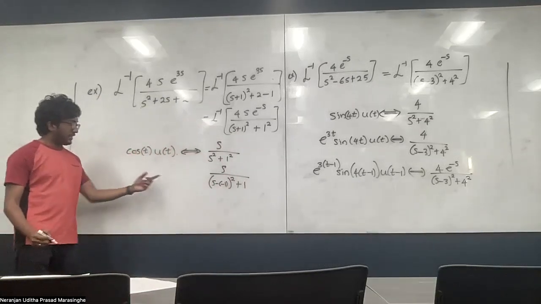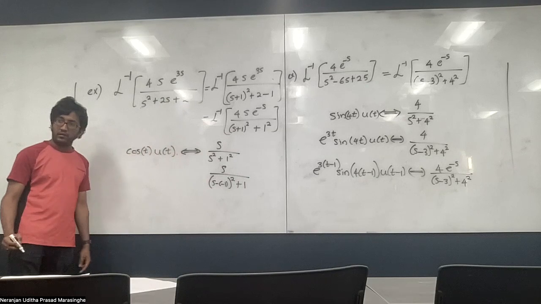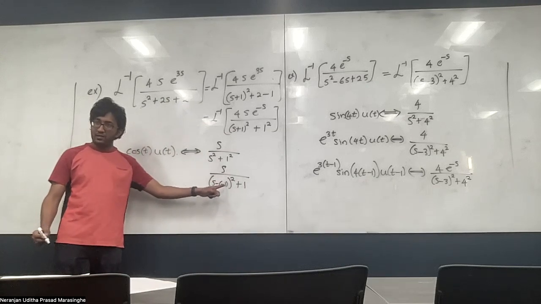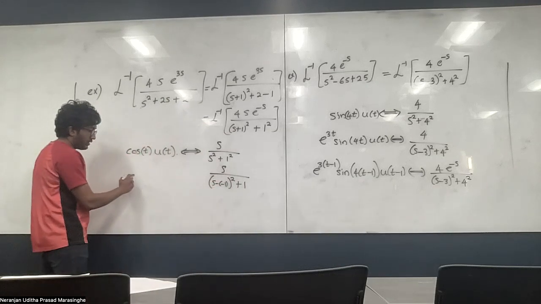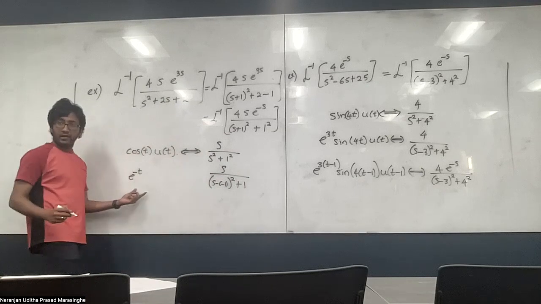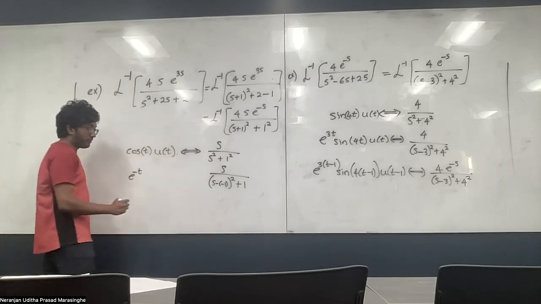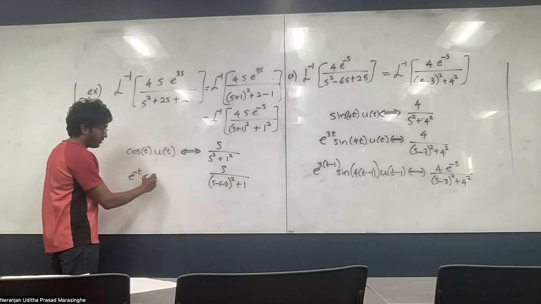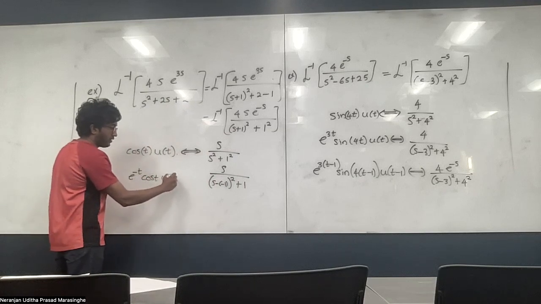What is the exponential that I need to multiply in the time domain? I have (s minus a), where a is minus 1. So you need to multiply by e to the minus t in the time domain. So e to the minus t cosine t u(t).